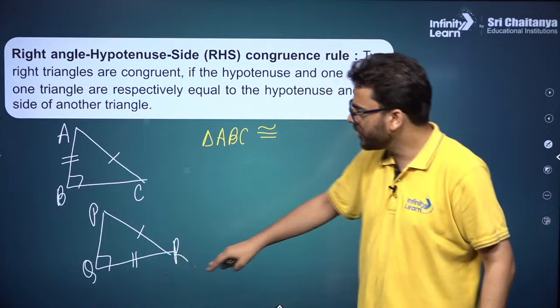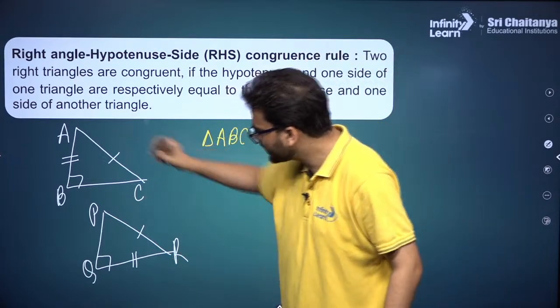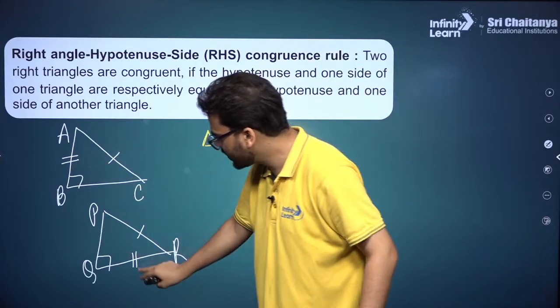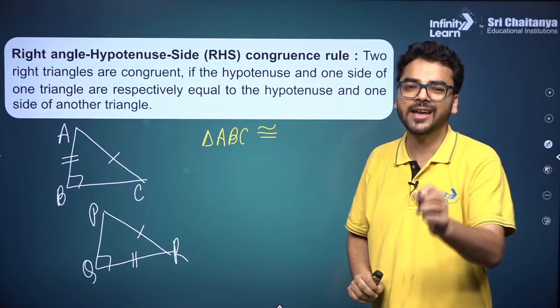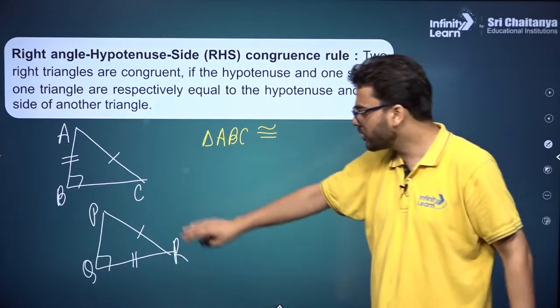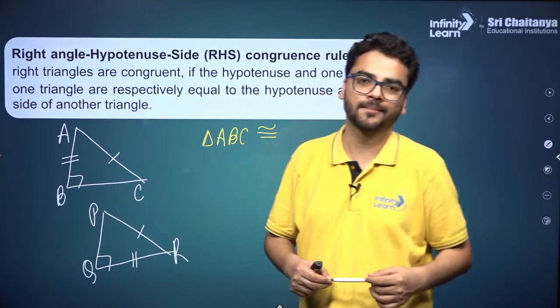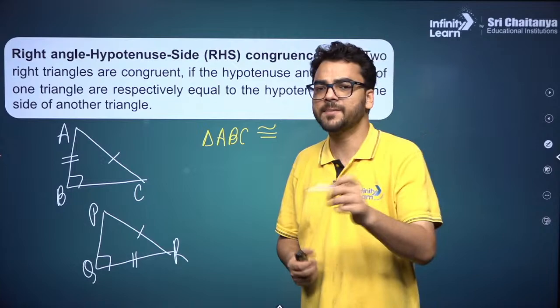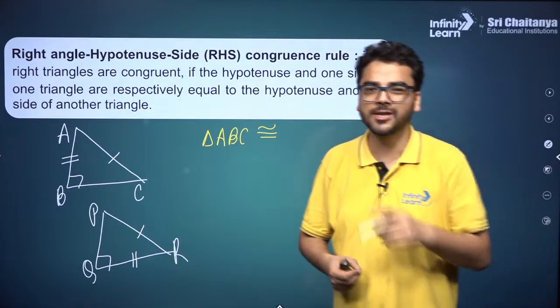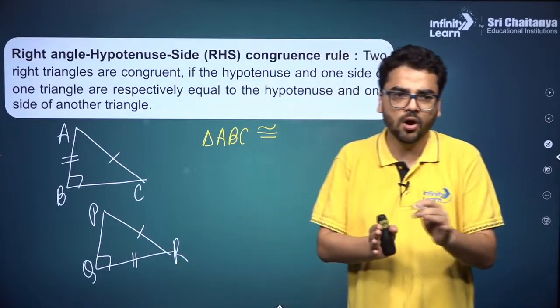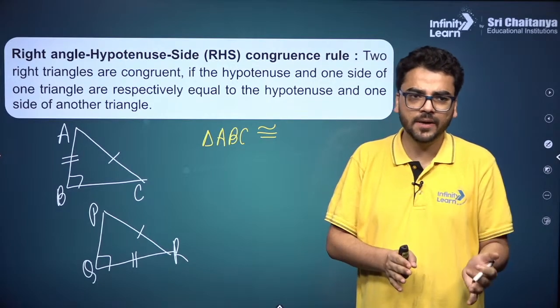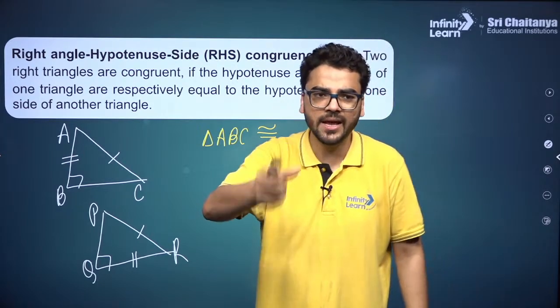In this situation, if it is given that their hypotenuse are equal, this side is equal to this side, so can you tell me that triangle ABC is congruent to which triangle over here? Because I have explained in the previous session the meaning of correspondence, that when you write congruency statement, you have to write the names correctly.